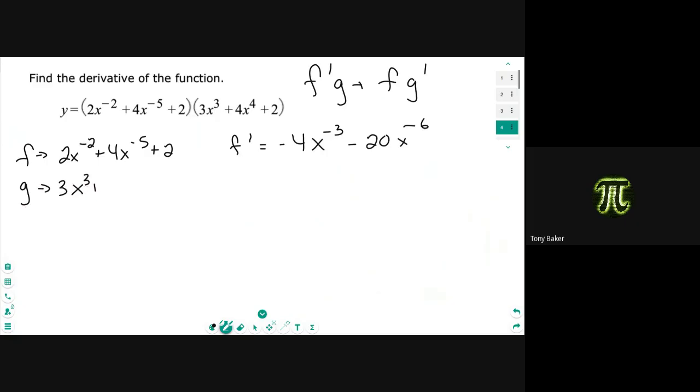And G is 3x to the third plus 4x to the fourth plus 2. Any questions on those two?